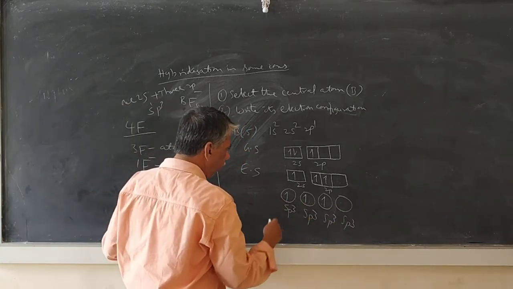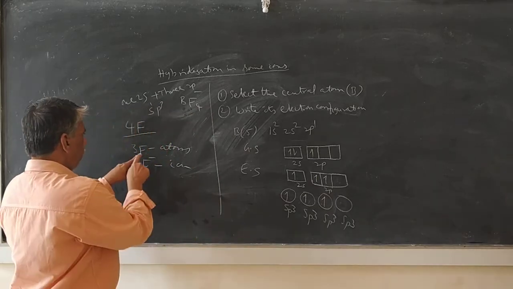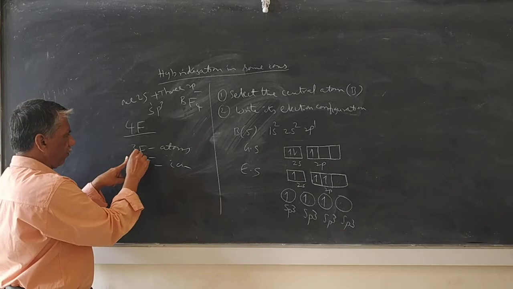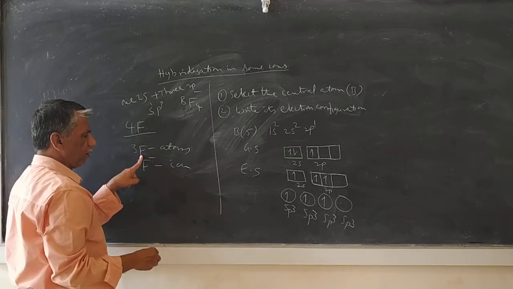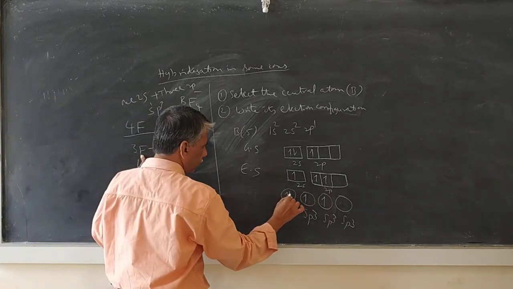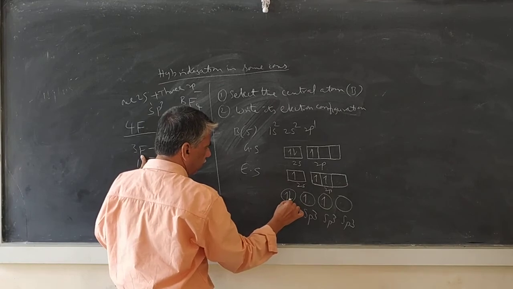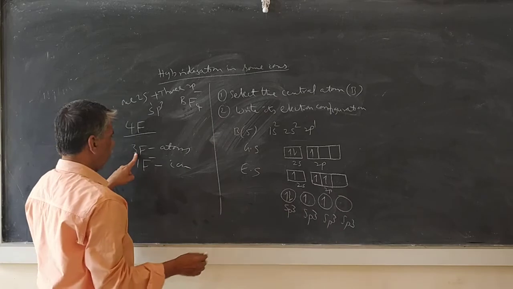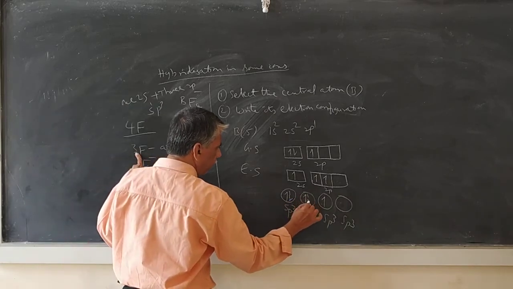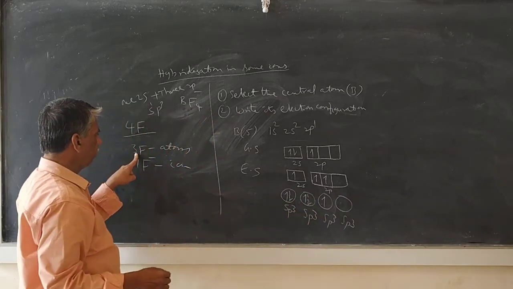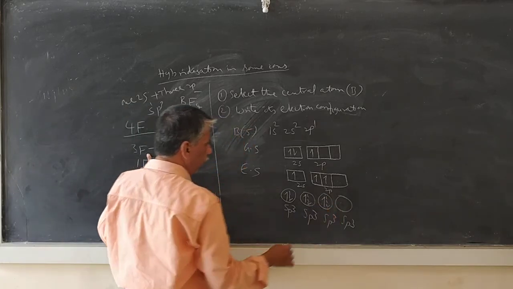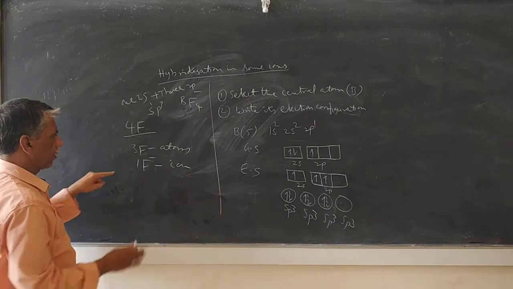Now you just see here, out of 3 fluorine atoms, 1 atom will donate 1 electron. This is the electron donated by the fluorine atom. Next, another fluorine atom donates 1 more electron. And another fluorine atom donates 1 more electron.